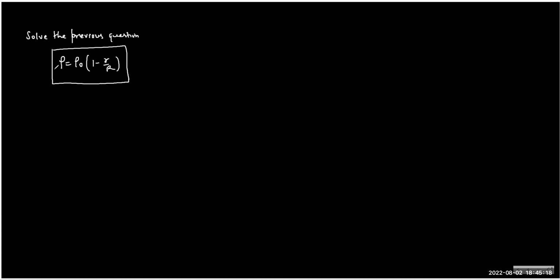So the rho is varying only away from the axis. As you move away from the axis, the rho will vary. But if you move parallel to the axis, it will remain the same. Understood? That's the meaning of this rho value. So try this out and tell me the answer. What is E inside? Everyone, please go ahead.